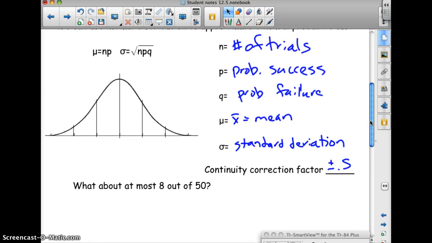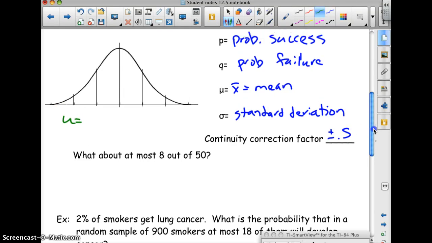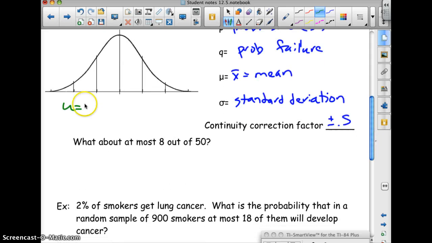Before I can do this, I need to figure out what the mean will be for this and the standard deviation. The mean is np. In this case, we had 50 people, and the probability that they got divorced was 1/5. So the mean is 10.